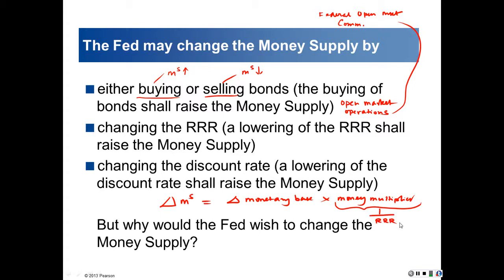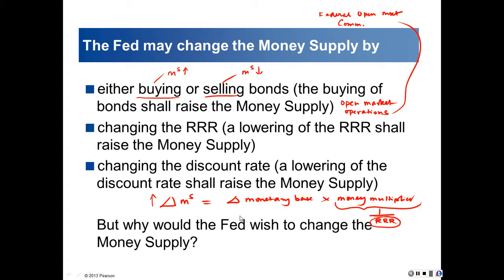Is that correct? So if the Fed wishes to raise the money supply, what would it do to the RRR? Remember, the RRR is something that the Fed controls. Is that correct? So you tell me, from this equation, what if I want the change in the money supply to be positive?